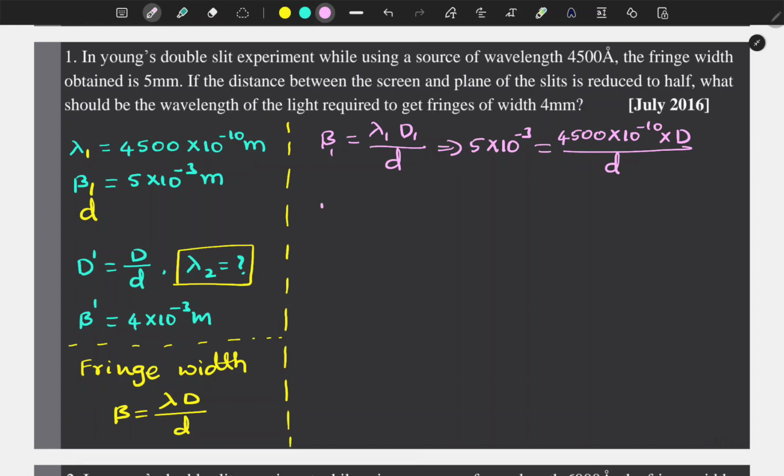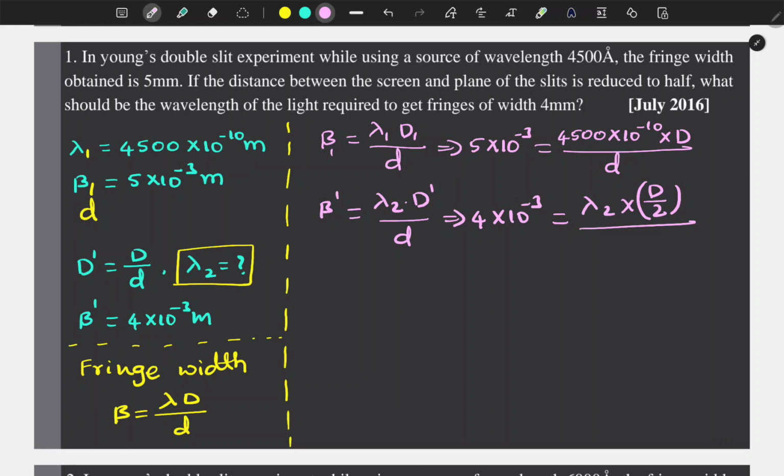Next, for beta 2 or beta dash, we have lambda 2 D dash divided by small d. So beta dash is 4 into 10 to the power minus 3, which is equal to lambda 2 into capital D, which is D divided by 2, that is D dash, and small d as it is.